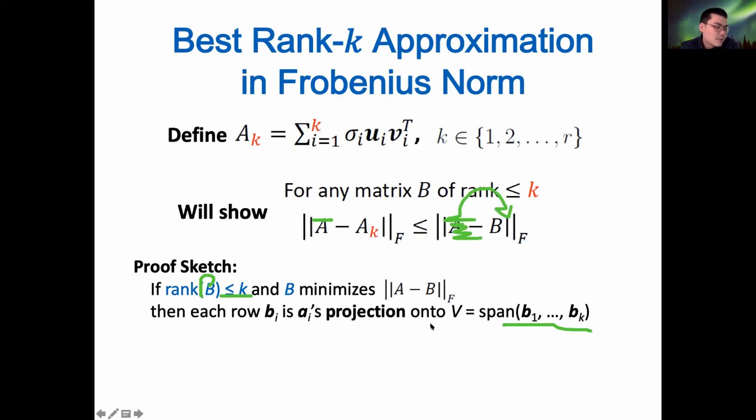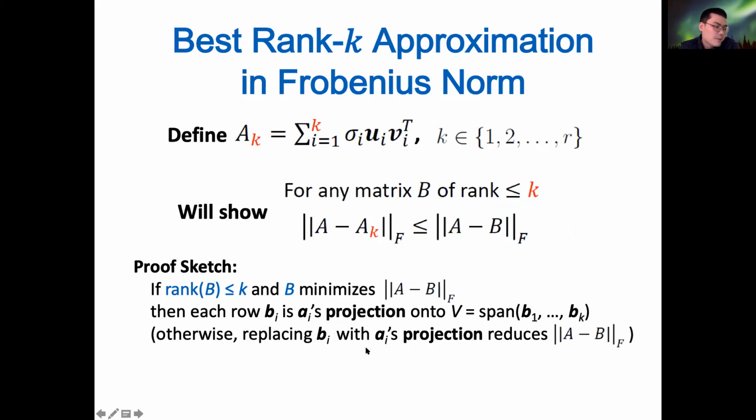We minimize this only when Bi is Ai's projection onto this space. A1's projection is B1, A2's projection is B2, and this holds only when it's the projection. Why is this the case?